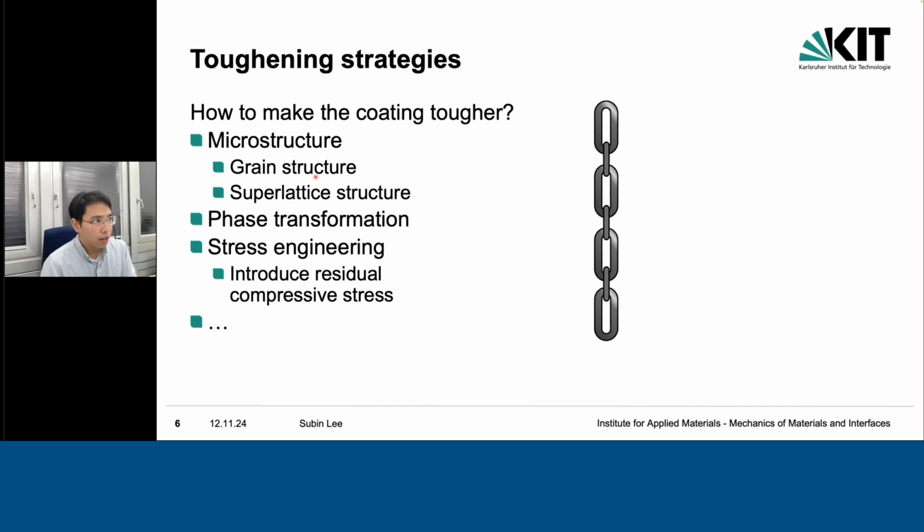If you can imagine some kind of steel, and the hard coating concept is we put some material on top, and as I said, people try to improve the fracture toughness of the entire system by these approaches.